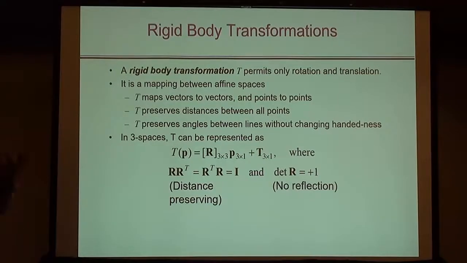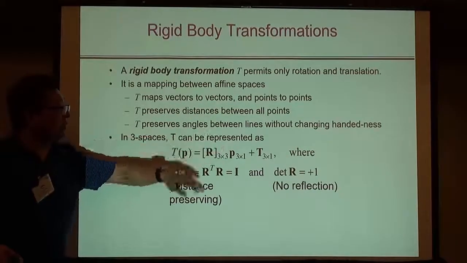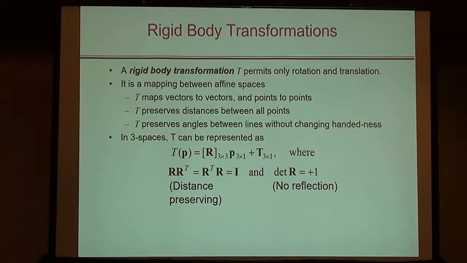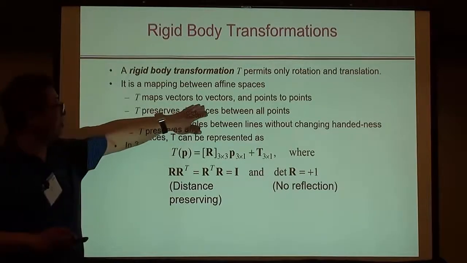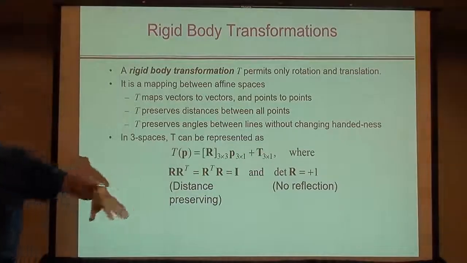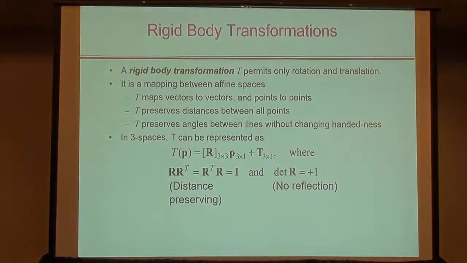Basically, the body doesn't change shape and form in any way. It maps vectors to vectors and points to points, preserving the distance, and we make a distinction between vectors and points in kinematics.